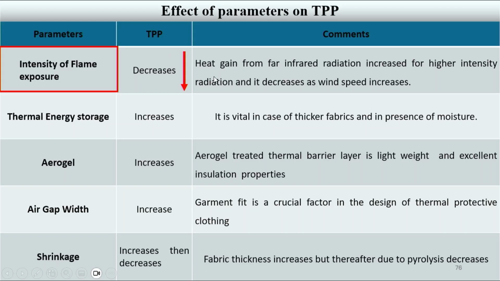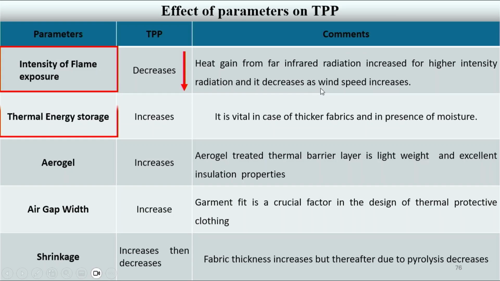Heat gain from far infrared radiation increases for high intensity radiation, and decreases as wind speed increases. So, in case of high wind speed, the TPP rating will decrease.